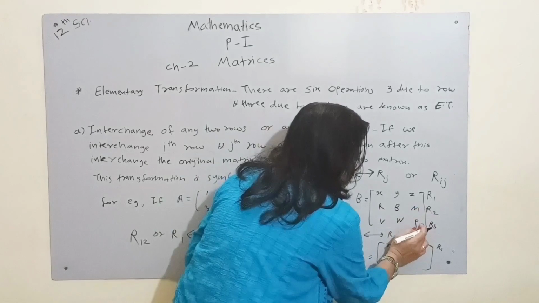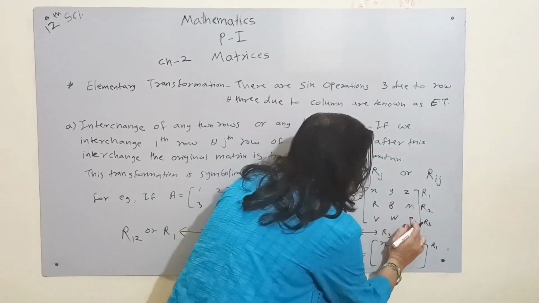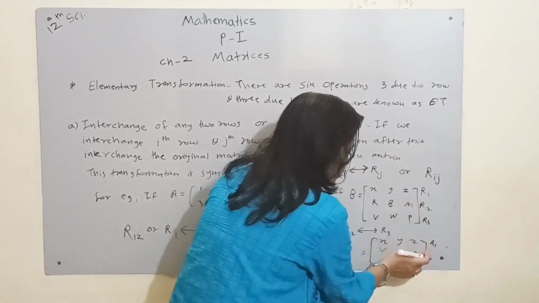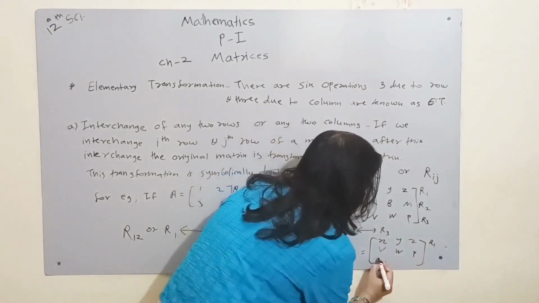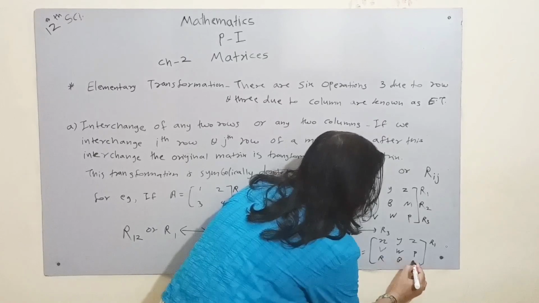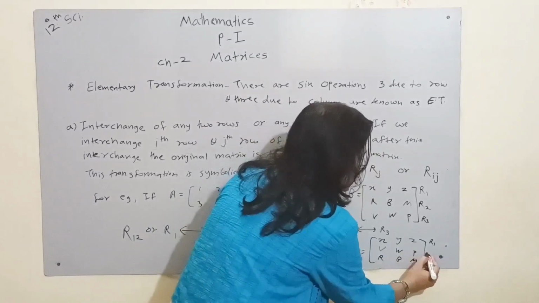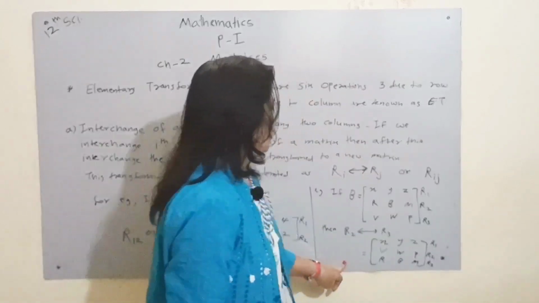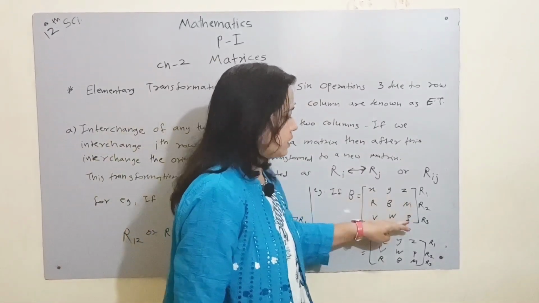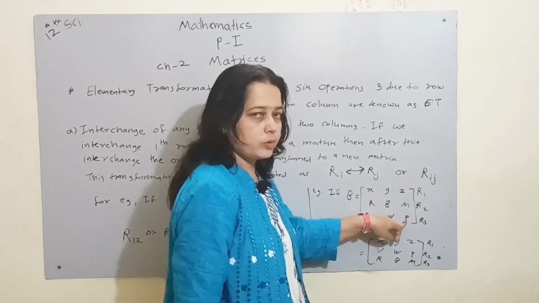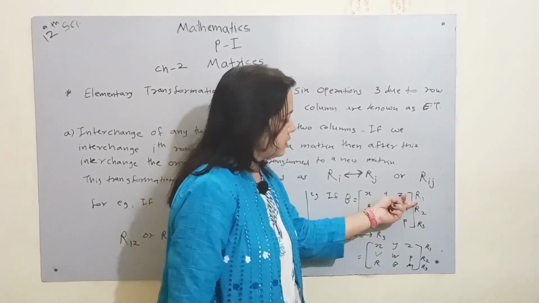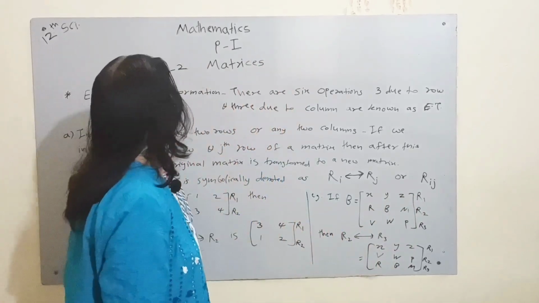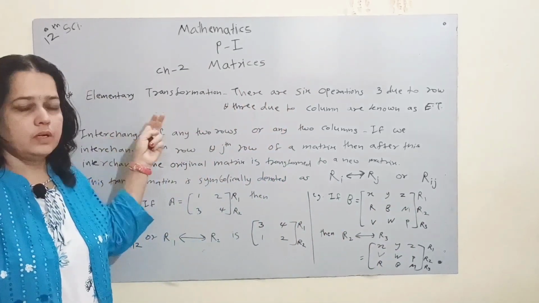So row 3 is here, V W P, and row 2 is here, R B M. Row 2 is interchanged in place of row 3 and row 3 is interchanged in place of row 2. So this operation is known as interchange of rows.